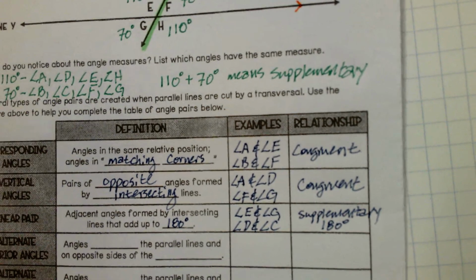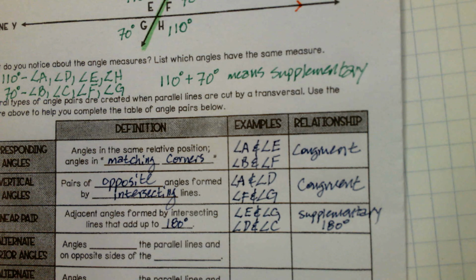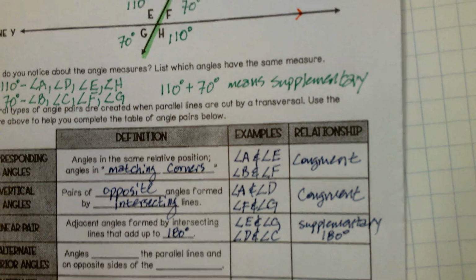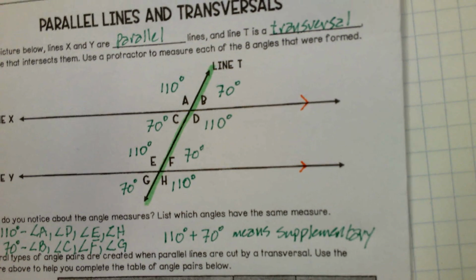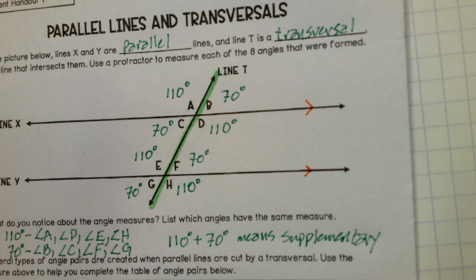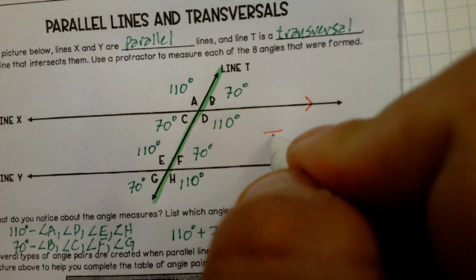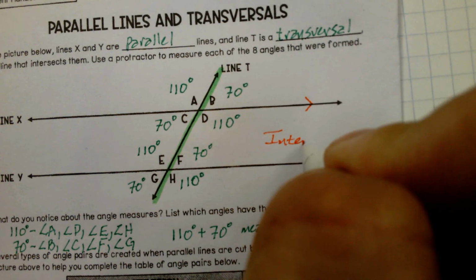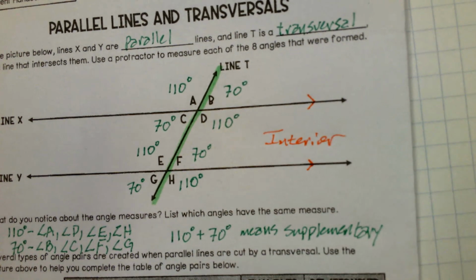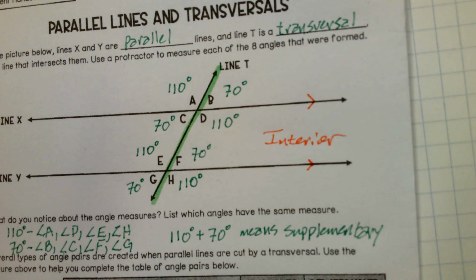So for the next four angles, we've got to look at a specific relationship within these angles. The way I like to put it is you're either inside the river or outside the river. So I'm going to go back here. Interior and exterior. So imagine this is the river. If you're in the water, it's the interior. So I'm going to call this interior. Picture this is the river, you're inside the water. So angles C, D, E, and F, those are all interior angles. They're inside the water.